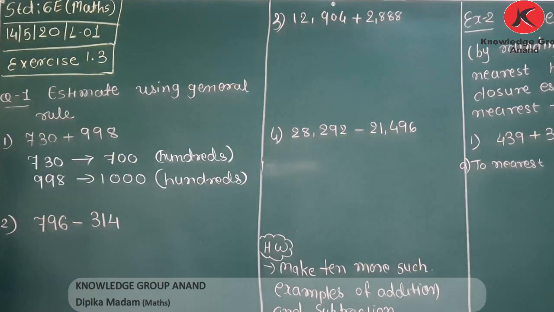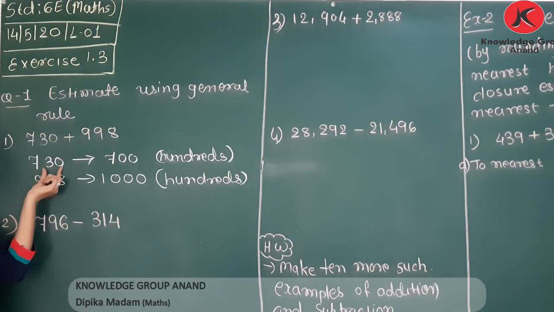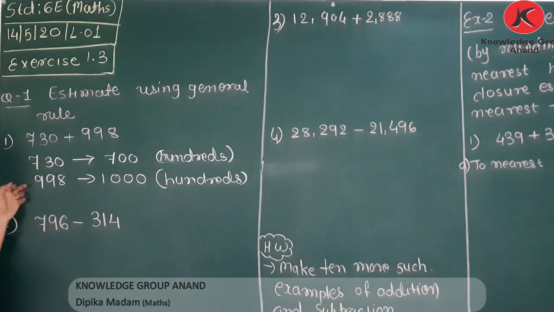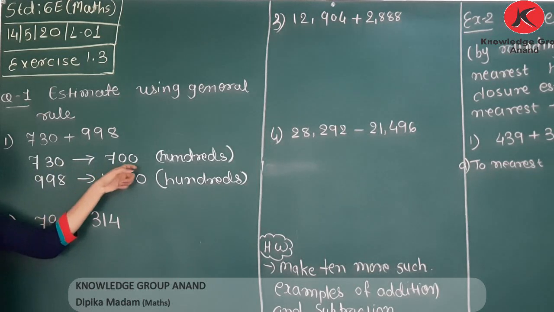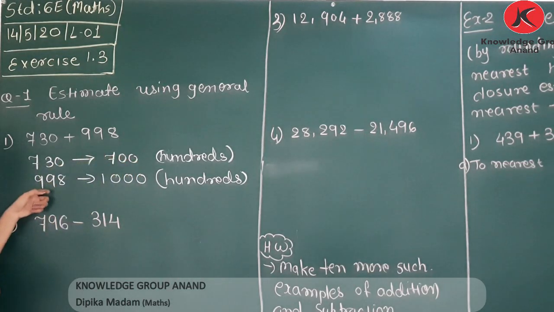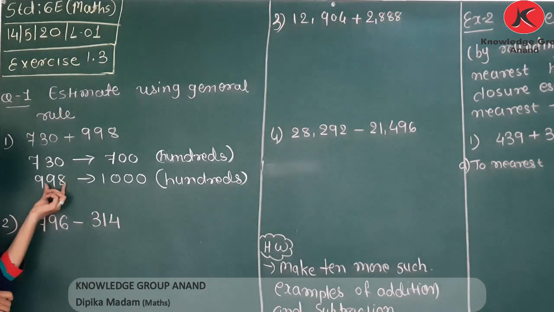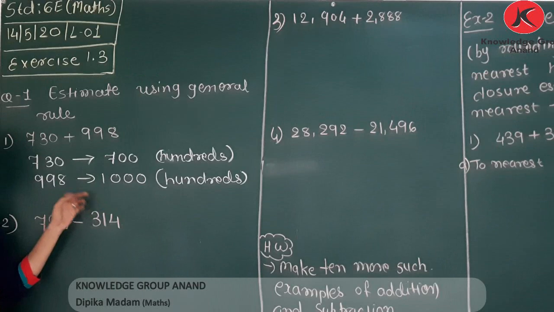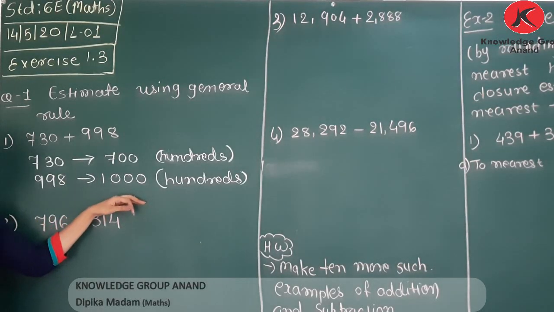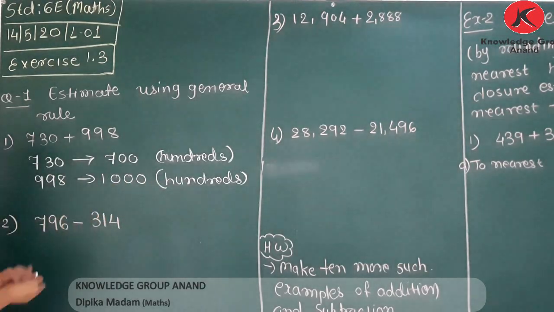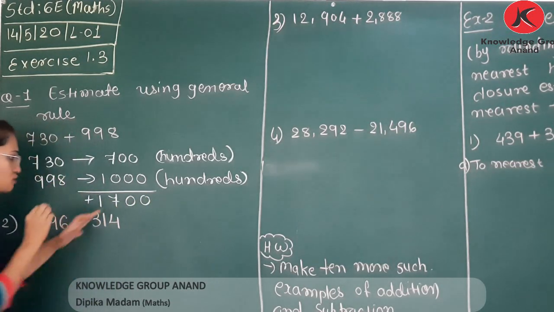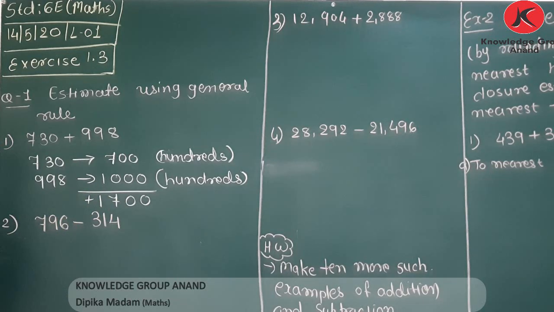Why? Because 730 lies between which two hundred values, 700 or 800? It is nearby 700, so estimated to 700. 998, so 98 falls between 900 or 1000, so it is nearer to 1000. So addition of this becomes 1700. So this is the estimated answer.